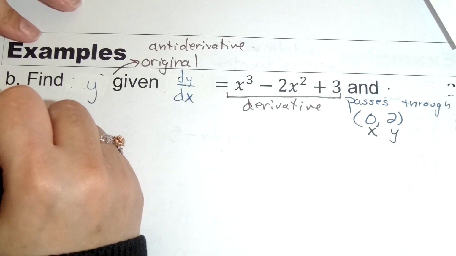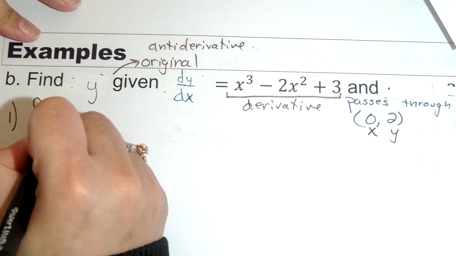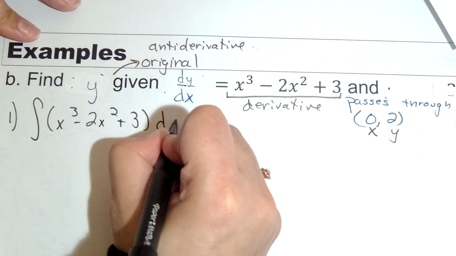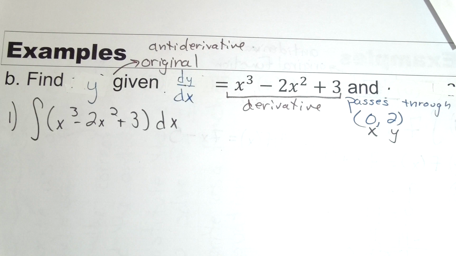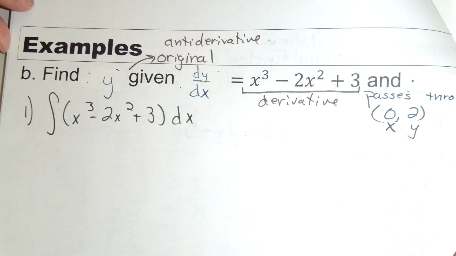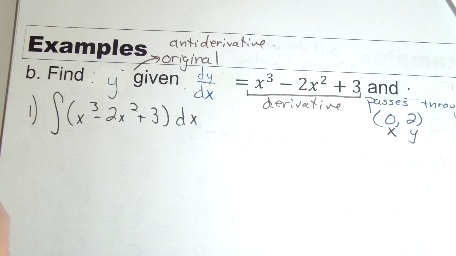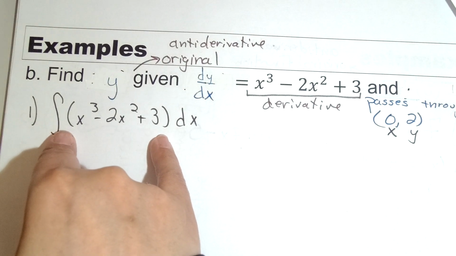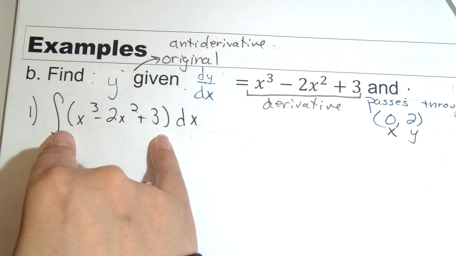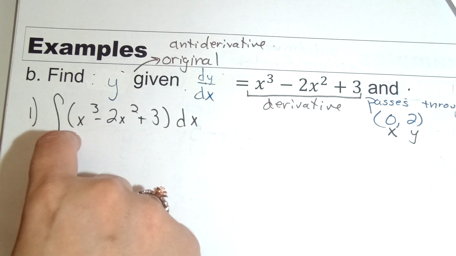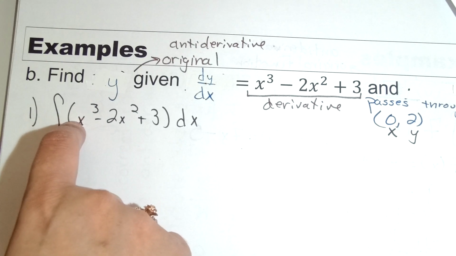First step, we're going to rewrite as an integral x cubed minus 2x squared plus 3 dx. Any questions so far? Make sure you're putting parentheses because this is more than one term. If you didn't have parentheses, mathematically you would only be taking the integral of the first term.